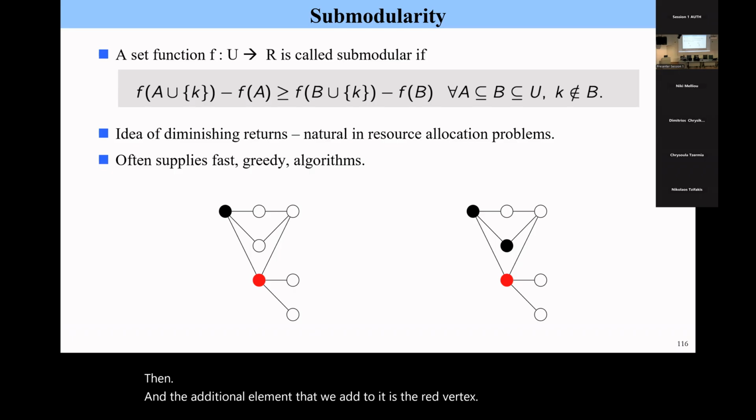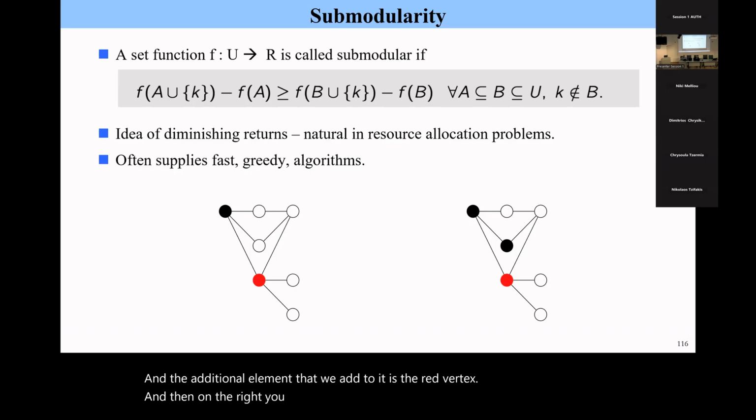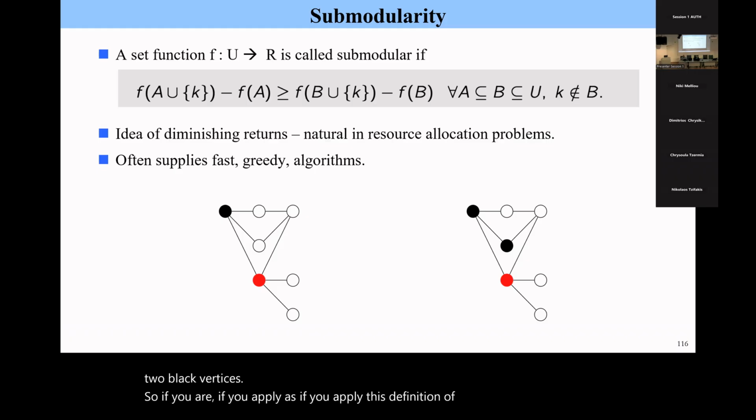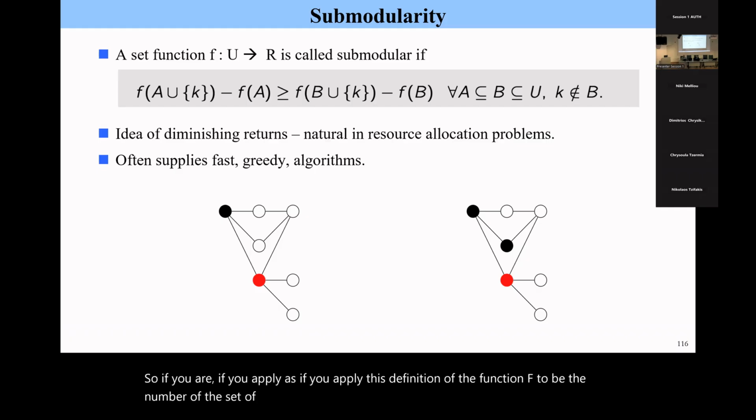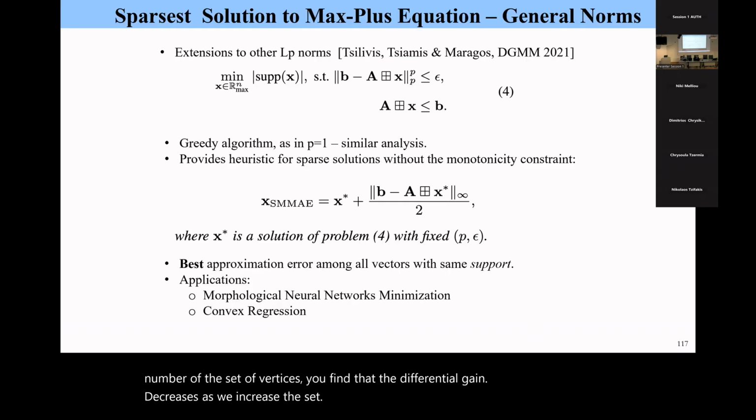On the right you see a larger set of vertices, the set B, which consists of the two black vertices. If you apply this definition of f, you find that the differential gain decreases as we increase the set.